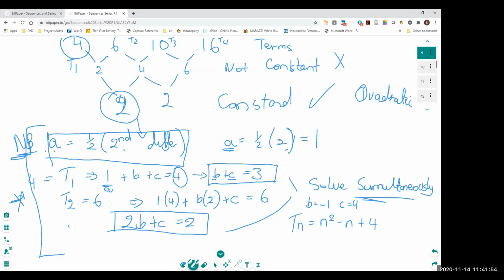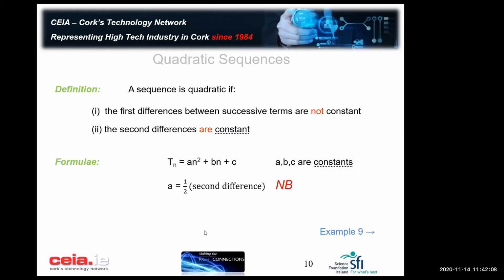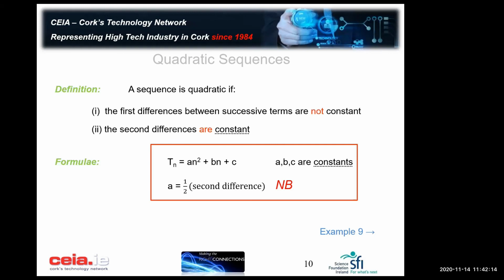Now, let me just go back. We've done question 9. So again, that's it highlighted there again for you, the person who asked the question. Those are the two important notes you need to remember for solving quadratic sequences.